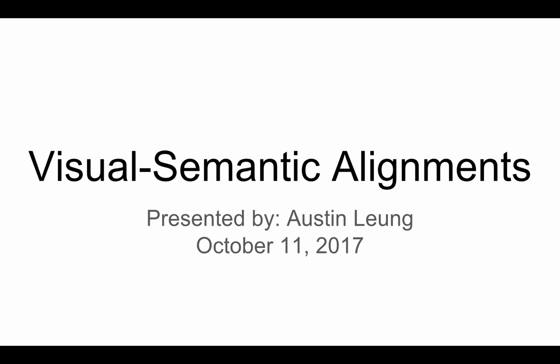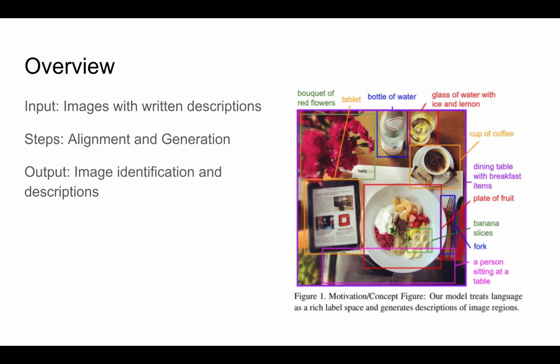Okay. All right. I'm Austin, and the paper I'm presenting is on visual semantics alignment. Basically, we have a bunch of data sets with pictures and a 5-sentence description of what's in the picture.